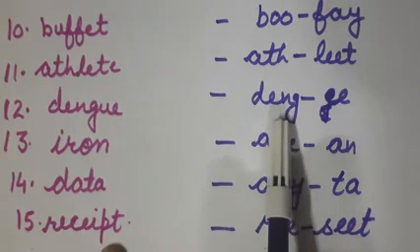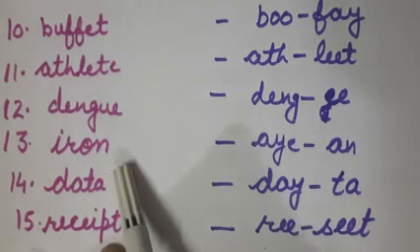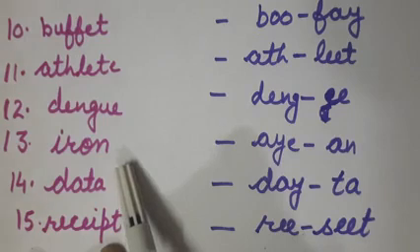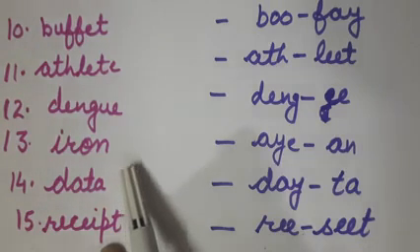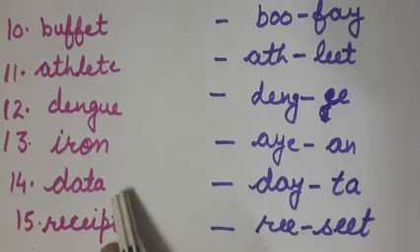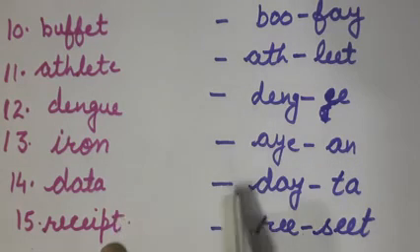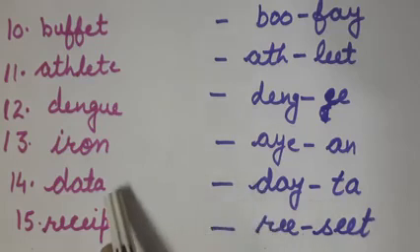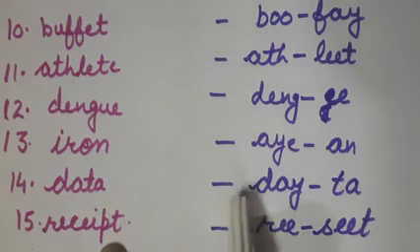It's dengue. How will it be pronounced? Dengue. Now the 13th word is iron. It's not pronounced the wrong way. It's iron. Now the 14th word is data. It's not pronounced the wrong way. It's data.